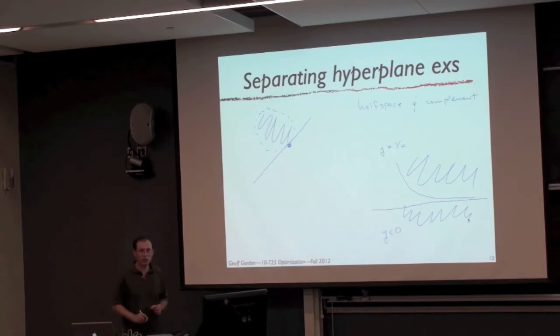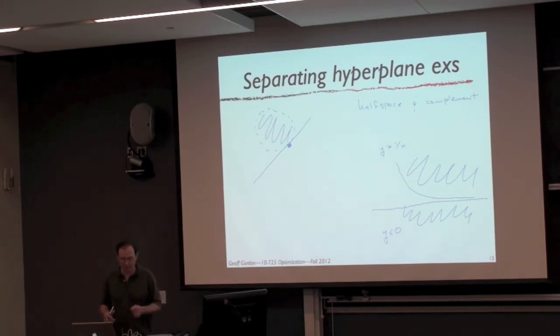Both of these sets are closed, but there's no strict separating hyperplane. So the only separating hyperplane is the horizontal axis. One of the sets is always above it, the other is always below it, but both sets come arbitrarily close to touching it, even though they never intersect.